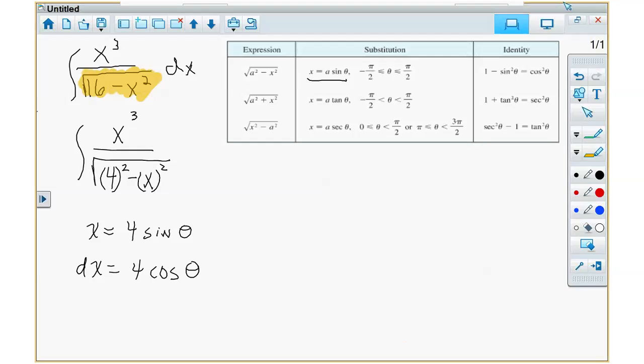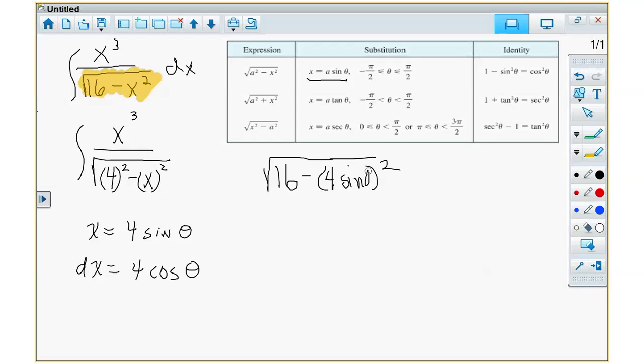So you're going to come over here and you're going to say, okay, the square root of 16 minus, well, what is x squared? What is x? Plug that in. And now simplify that because there's no more x's.